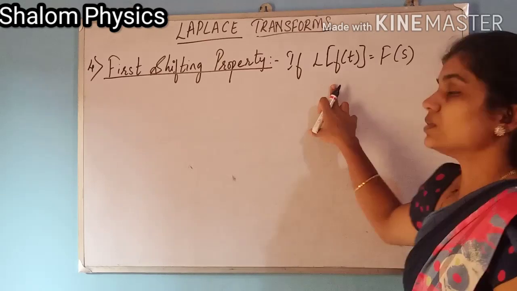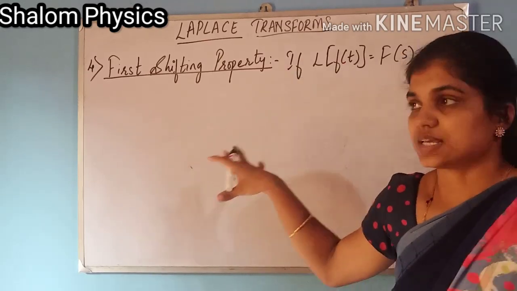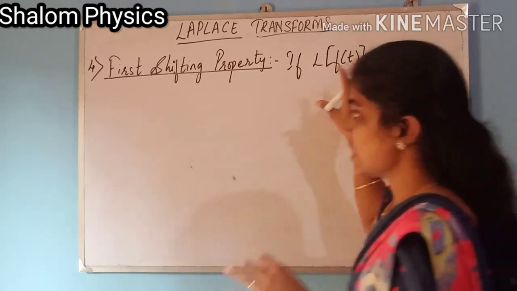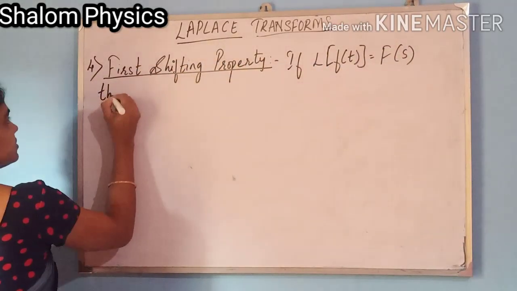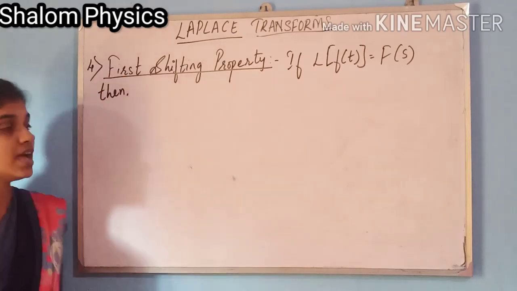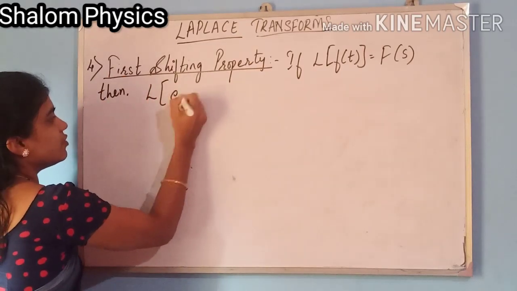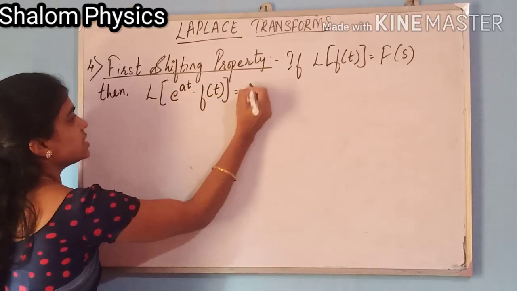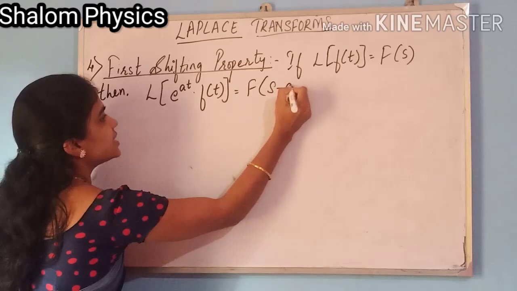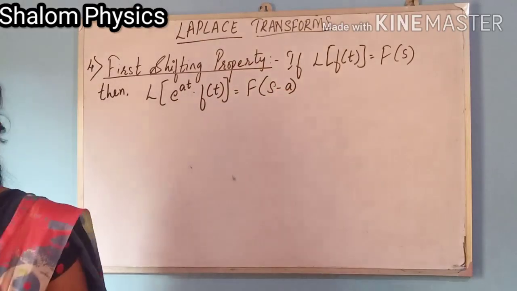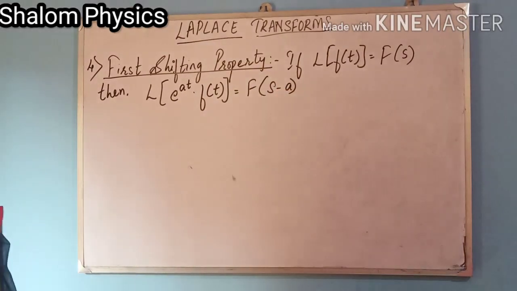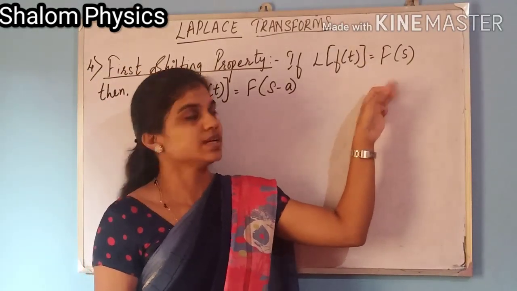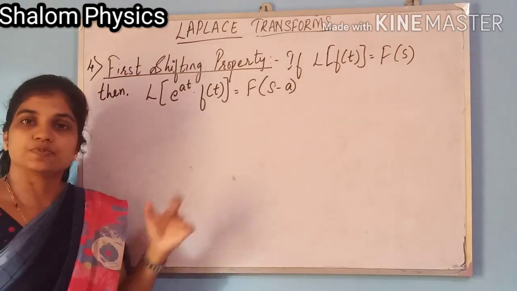Alright, so now the property says that if Laplace transform of f of t is equal to f of s, then Laplace transform of e raised to at f of t is equal to f of s minus a. Right? Now you know why we mentioned it as f of s.